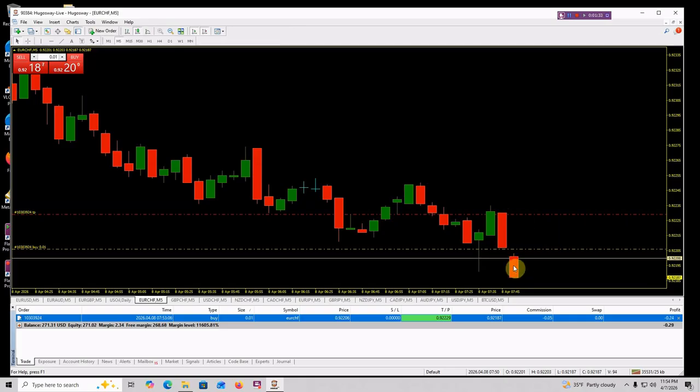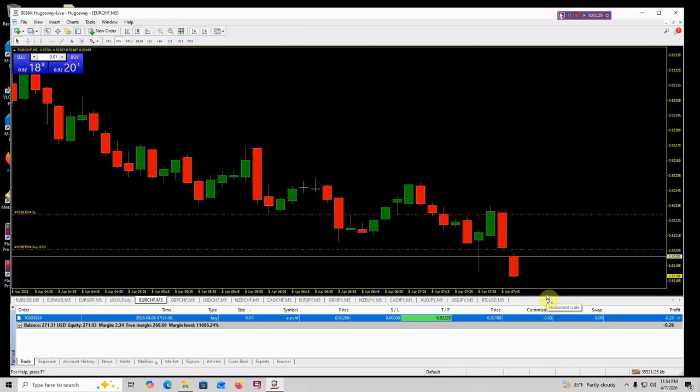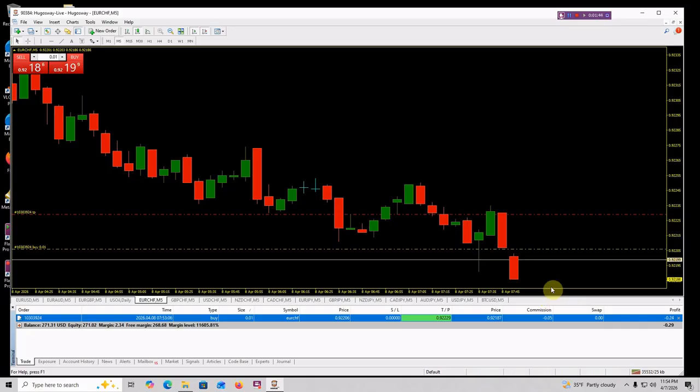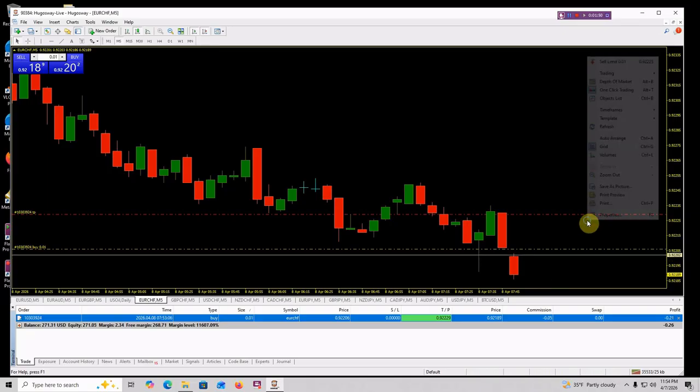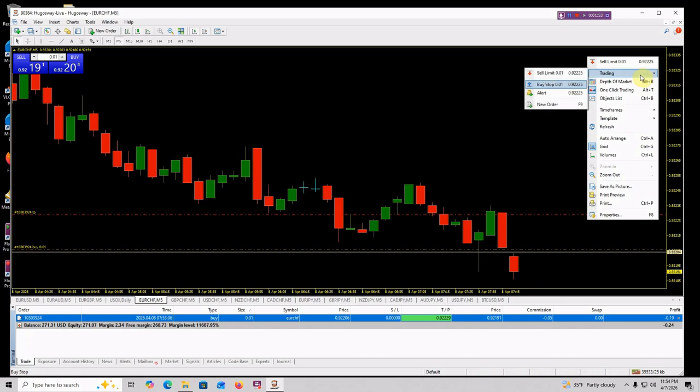If this does decide to take a dip down of any significance, I will definitely be putting in a second trade. But for the time being, we're just going to hang back, let the market do its thing, and be patient. We put in an alert here.